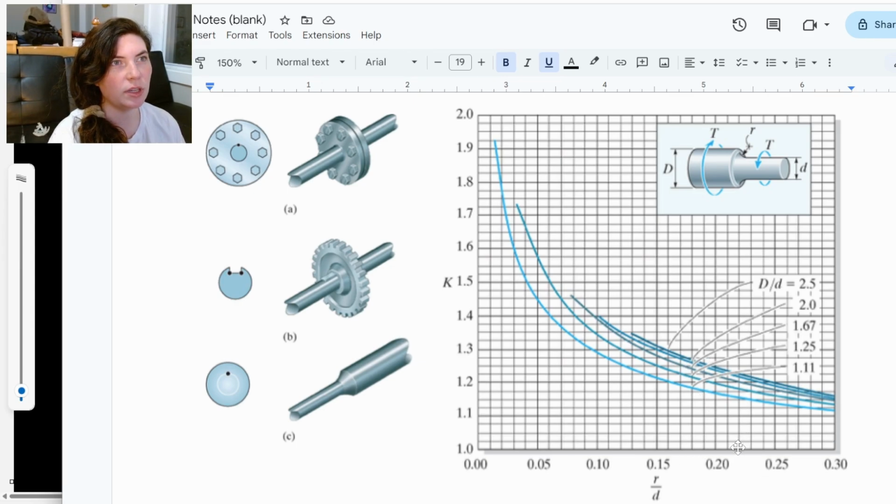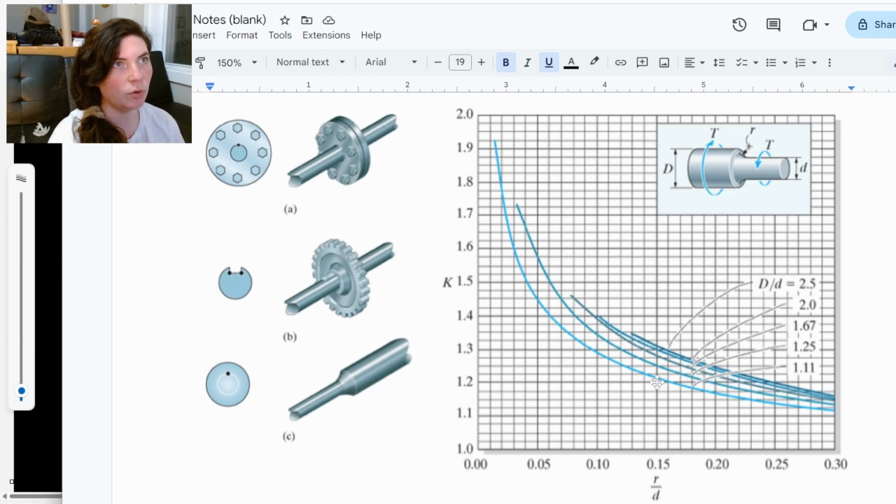So let's see if we can find our 0.22. This is 0.21, 0.22. Come up on here and find my center line. My center blue line is this one. It's hitting directly under my mouse right here. So it's hitting right on this line.